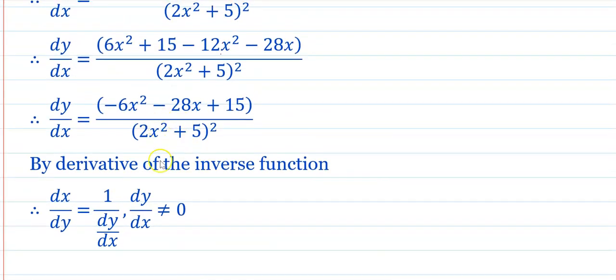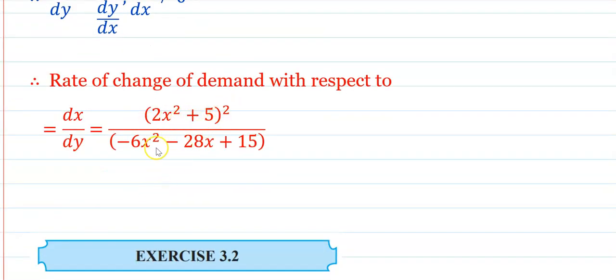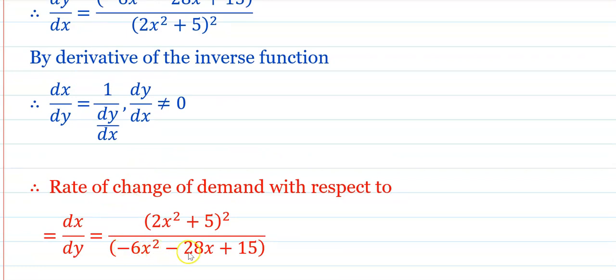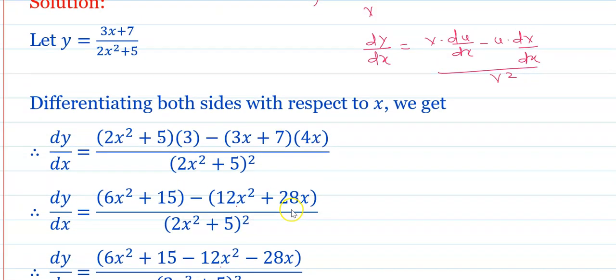Okay, if we substitute the value, it will become multiplied and reciprocal, 2x square plus 5 bracket square upon minus 6x square minus 28x plus 15. Okay, these are all the solved examples.